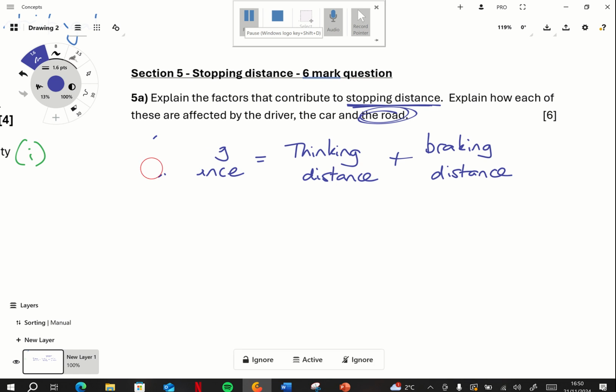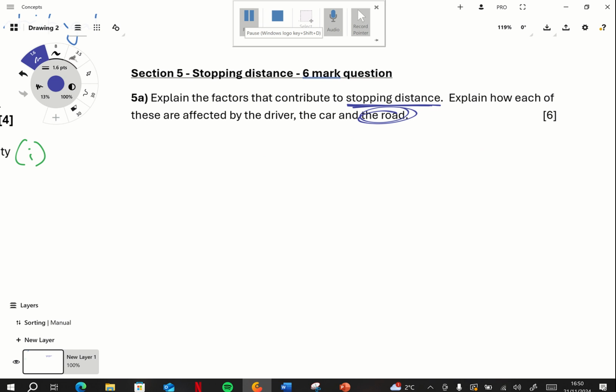I'm going to tidy that all up because that's a lot for me to write. I can't believe I've written it already. So I'm going to go stopping distance equals thinking distance plus braking distance. And I have to state that, say what stopping distance is.